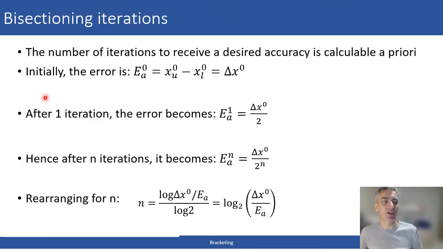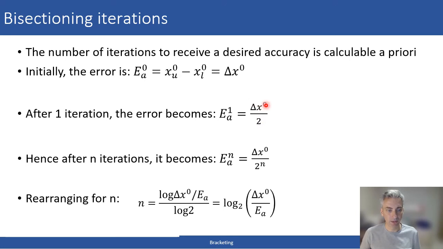So one of the big advantages of the bisection method is that we can calculate the number of iterations that we need to do to reach a desired accuracy. So this is a derivation of that equation that will allow us to predict the number of iterations. If our initial range between upper and lower values is delta x, after one iteration, the new range will be delta x of the previous iteration divided by 2.